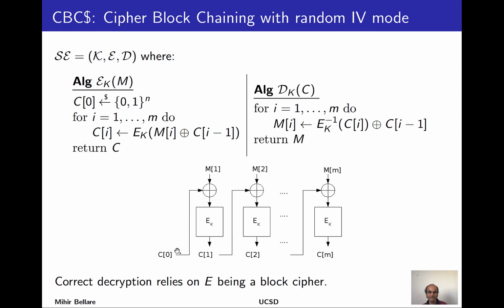What is this C0? It's called the initial vector, and it's actually something chosen at random by the encryption algorithm. And this is where we see the randomization step happen. And once that's done, this code simply encapsulates how this picture works. Now notice that what's returned, the full C, includes C0. So the ciphertext is one block longer than the plaintext and includes the initial vector.